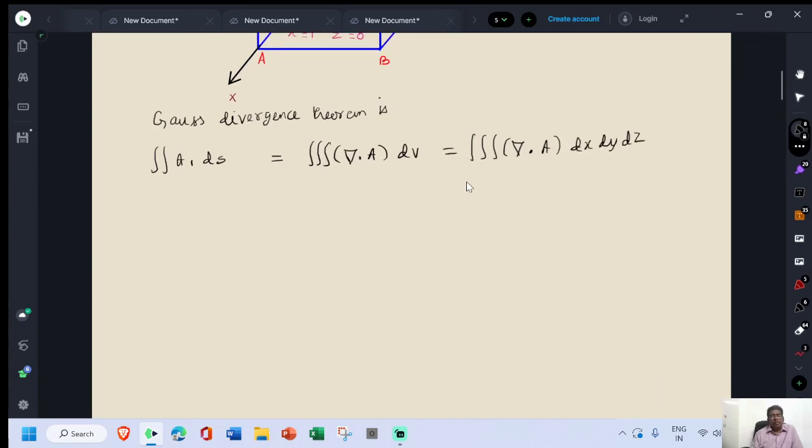The given problem, the value of A equal to x square i plus y square j plus z square k.